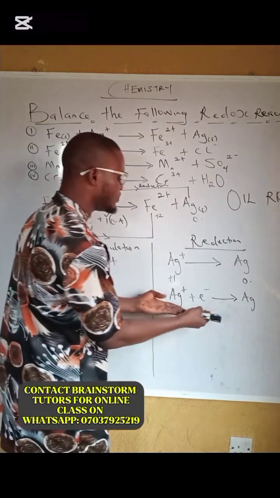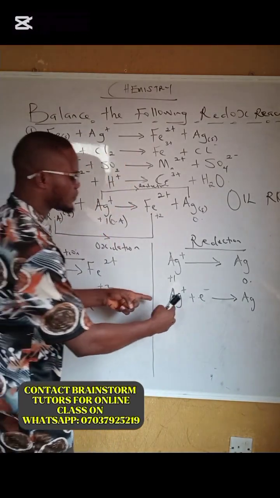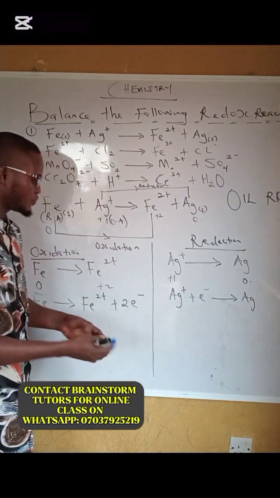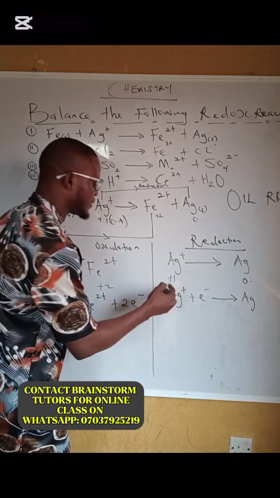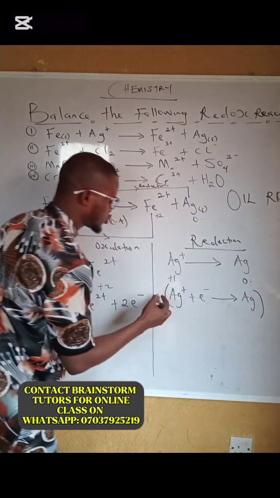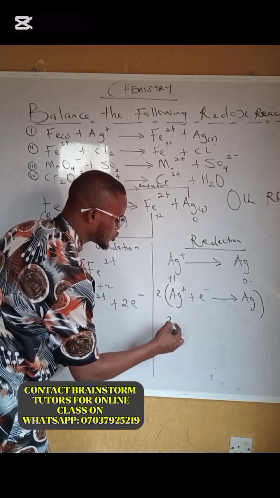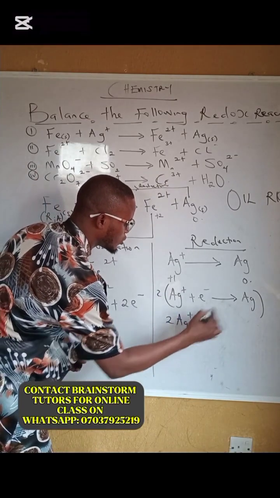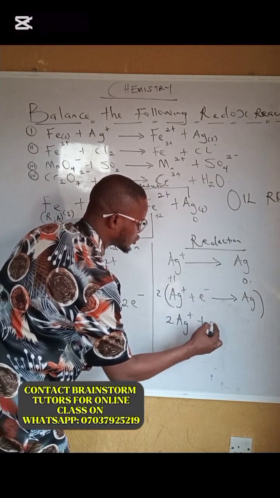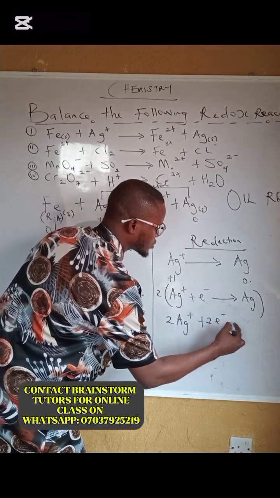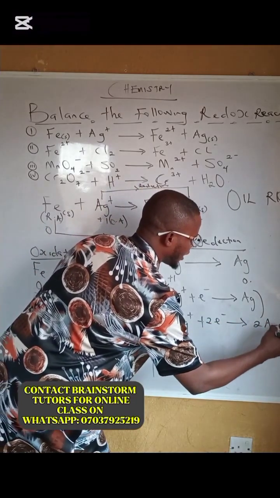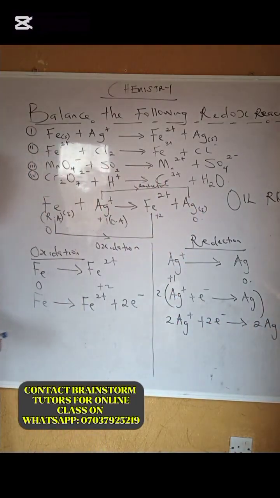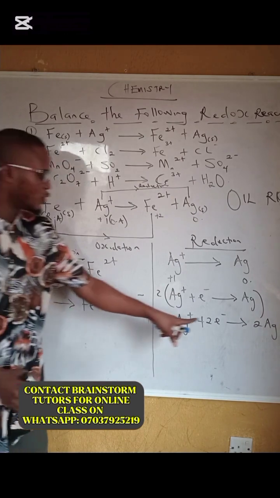So to make the electrons equal, I need to multiply all of this side by 2. I have 2Ag+ plus 2e-, I have 2Ag. Now you can see we have equal numbers of electrons.